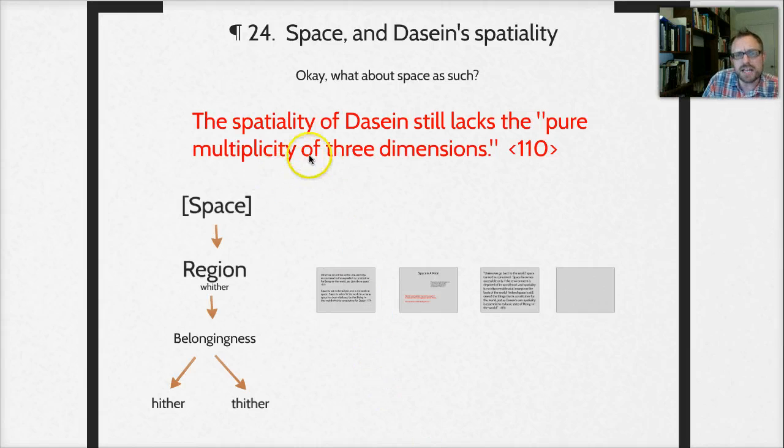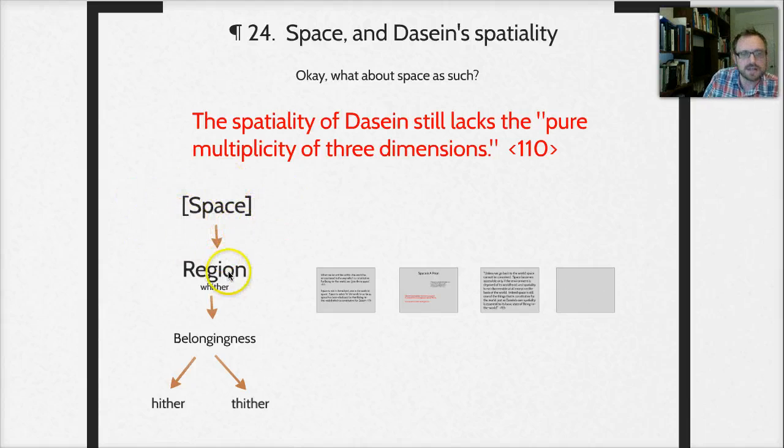Now, the spatiality of Dasein still lacks the pure multiplicity of three dimensions. So is there a way in which we can understand how these three dimensions, space as such, is generated, and what's the relationship to Dasein's spatiality?